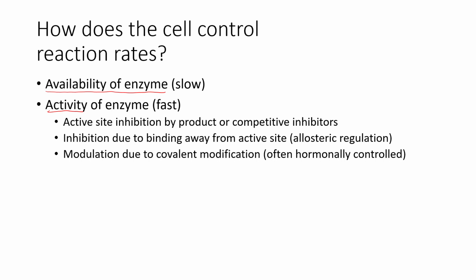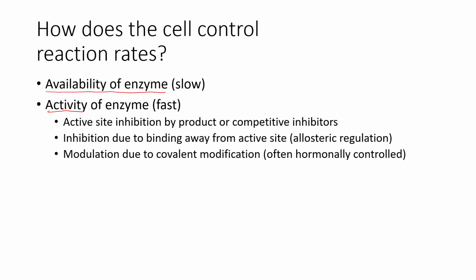And frequently, as part of the reaction, as part of a cell, the product of the reaction sometimes can inhibit the reaction from happening by acting as a competitive inhibitor at the active site for that enzyme. So ultimately, the enzyme carries out a reaction, and once enough product has been made, the product itself will help to signal to the enzyme that it's time to stop making more of that product.